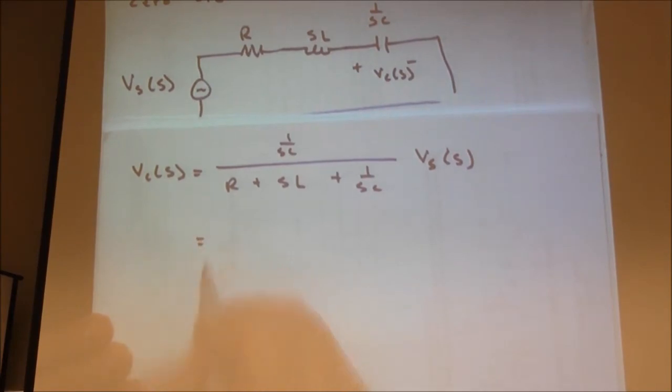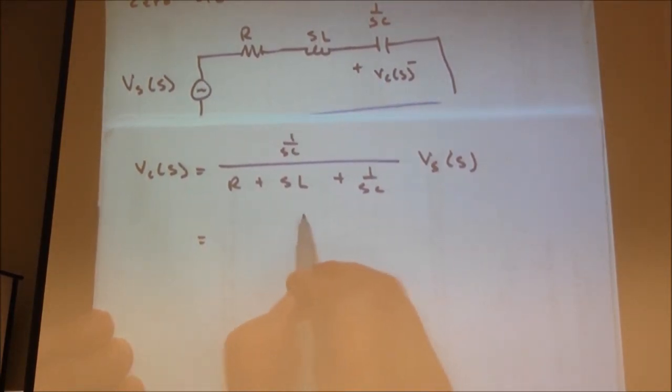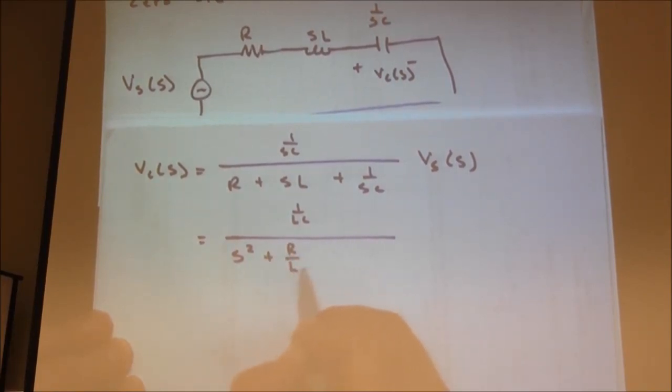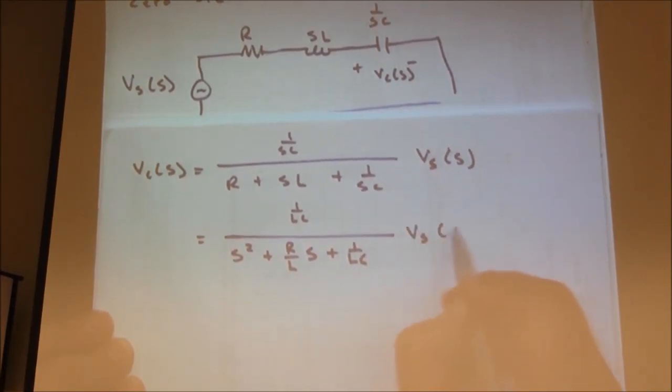I can do a little bit of rearranging here once again. I can rewrite this as 1 over LC over S squared plus R over L S plus 1 over LC, times V source of S. This is some fast algebraic manipulation.